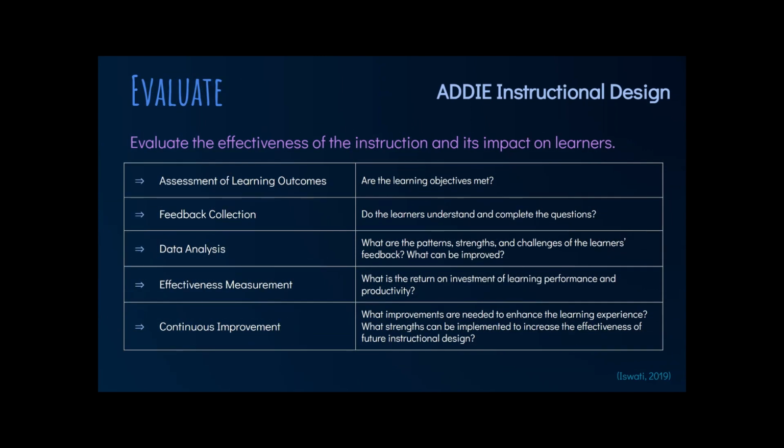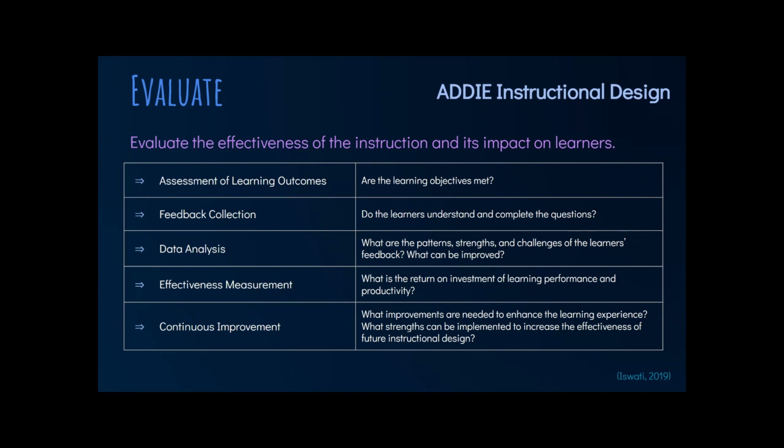In the evaluate step, educators evaluate the effectiveness of the instruction and its impact on students. Assessment of the learning outcomes: educators assess the students to see if they achieved the learning objectives.